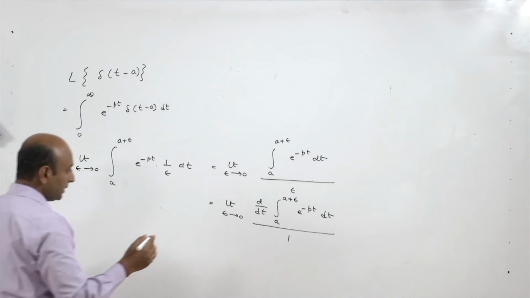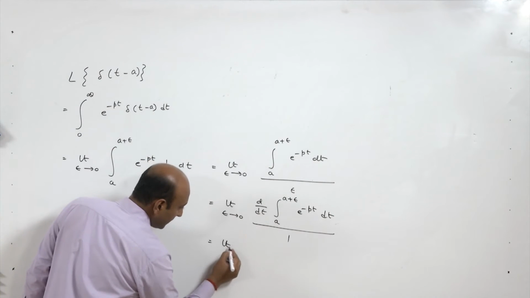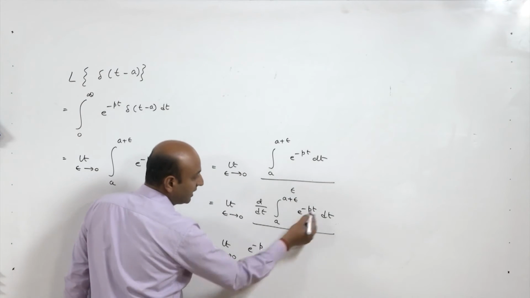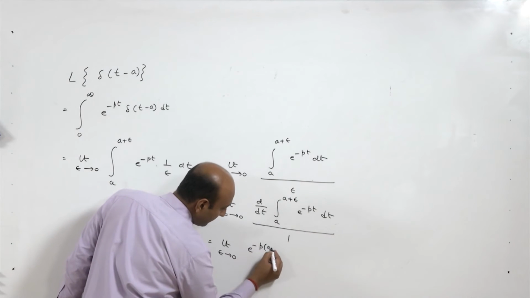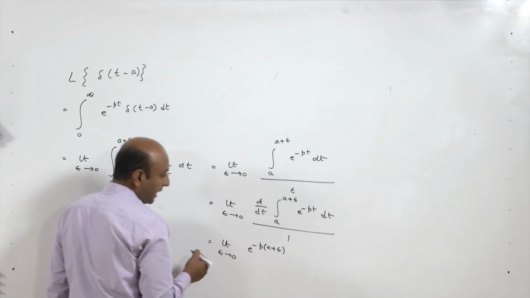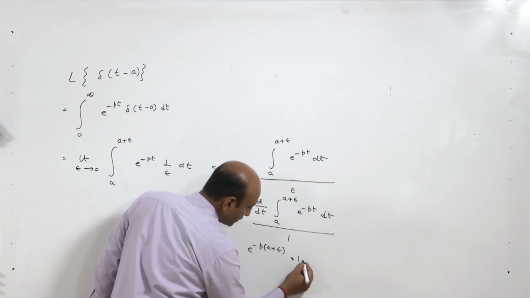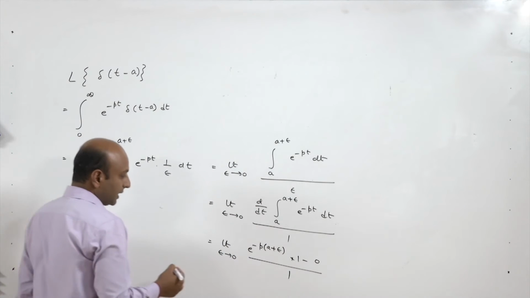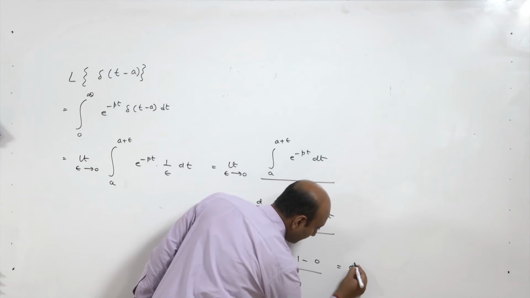It is nothing but limit epsilon tends to 0 e to the power minus p, in place of t we have the upper limit which is a plus epsilon, into 1 minus 0 of course upon 1, and when epsilon tends to 0, it is nothing but e to the power minus ap.